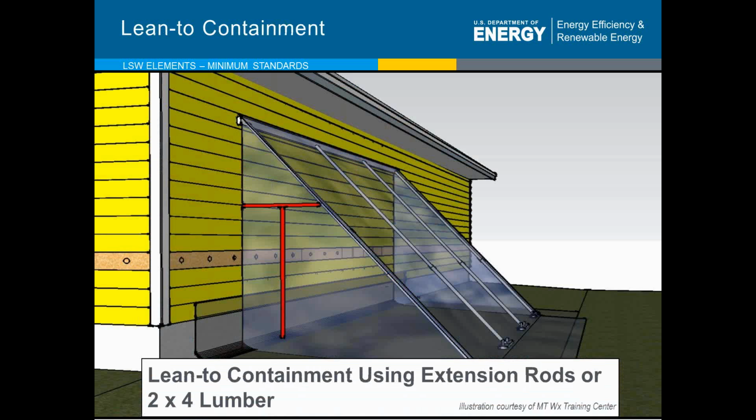For those that were at the New Orleans National Conference a year or so ago, we had quite a number of different options for exterior vertical containment. This is one, using a lean-to, using 2x4s that are staked, using extension rods. It works very, very well. You'll see some of these examples in the WXTV exterior containment video.